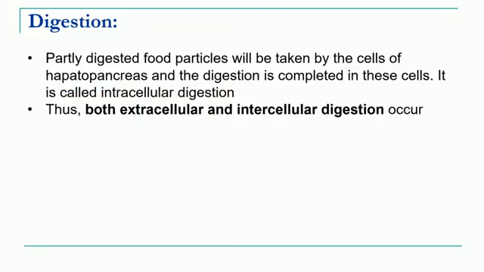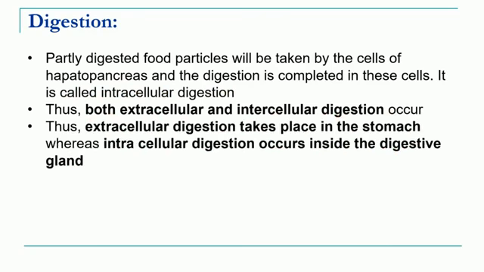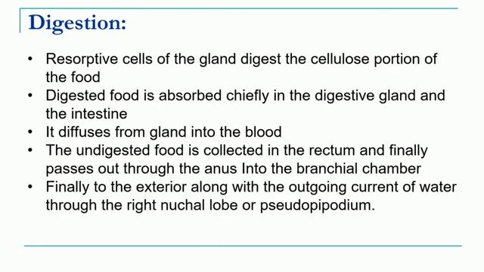So in Pila, in a nutshell, we can say that both extracellular and intracellular digestion take place. The extracellular digestion takes place in the stomach, whereas intracellular digestion occurs in the digestive gland. Finally, the resorptive cells of the gland digest the cellular portion. We have seen that these resorptive cells are responsible for the digestion of cellulose.